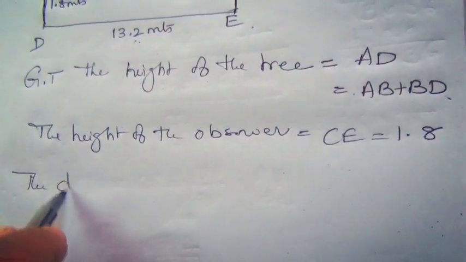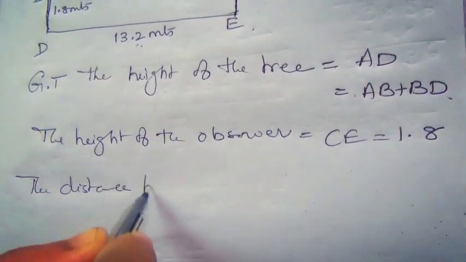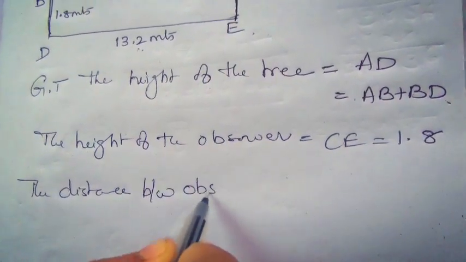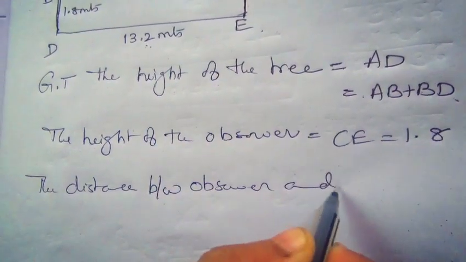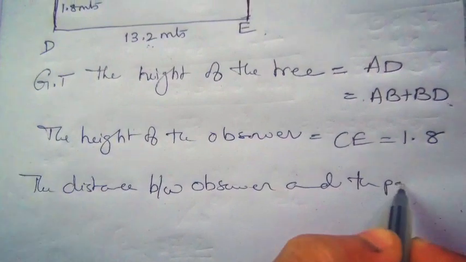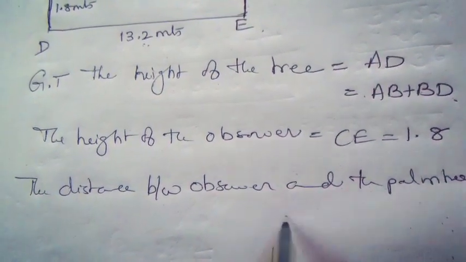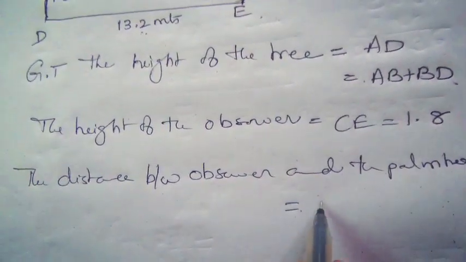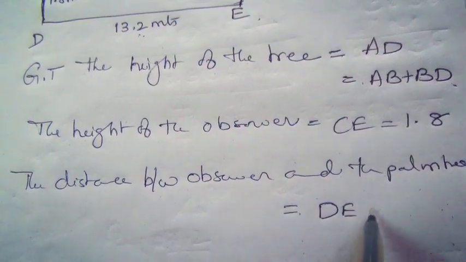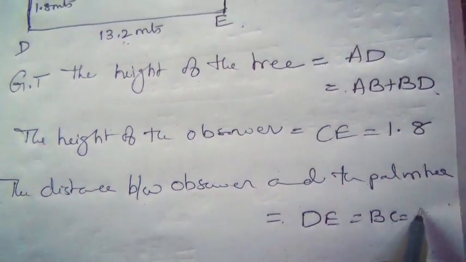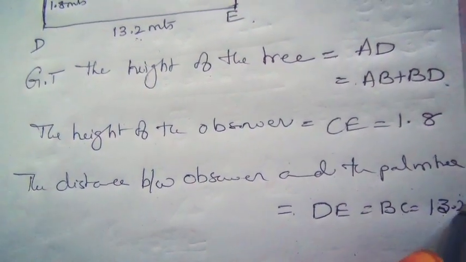The distance between the observer and the palm tree is equal to DE, that is equal to BC, is equal to 13.2 meters.